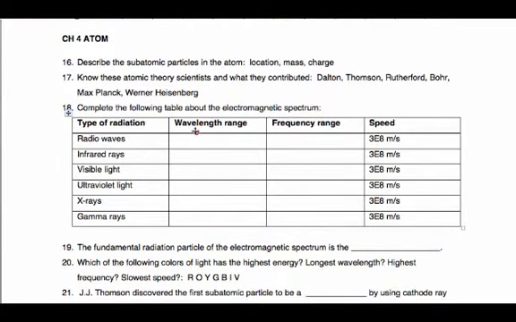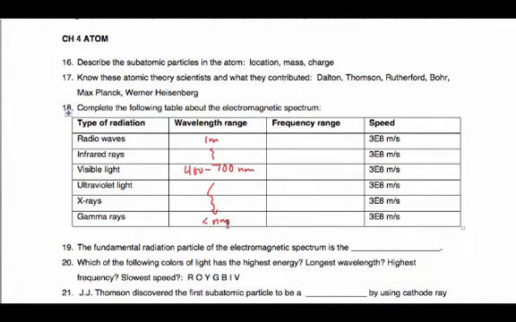Filling out this table, I don't expect you to know anything in particular other than 400 to 700 nanometers here. These are about a meter in length, and then gamma rays are less than a nanometer in length.